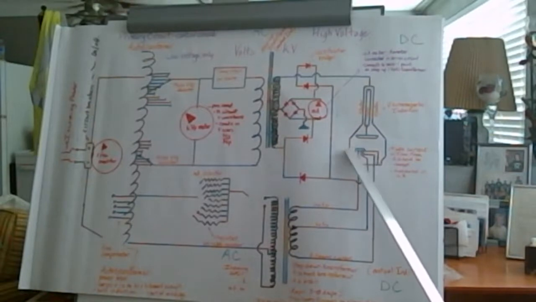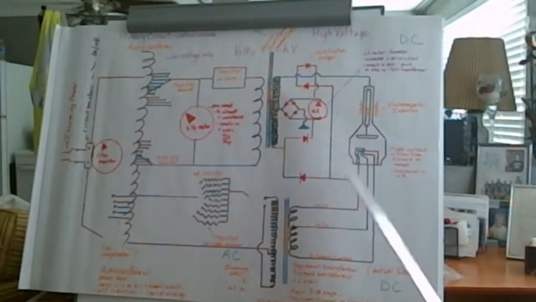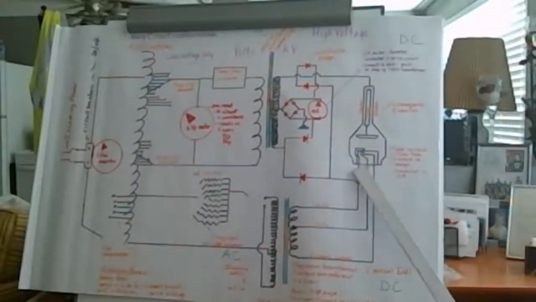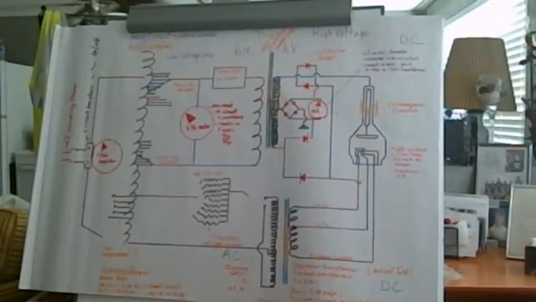So that has to come first. And like I said, the filament circuit is always on. We always have filament current because we have to have current to the filament to keep it heated up.